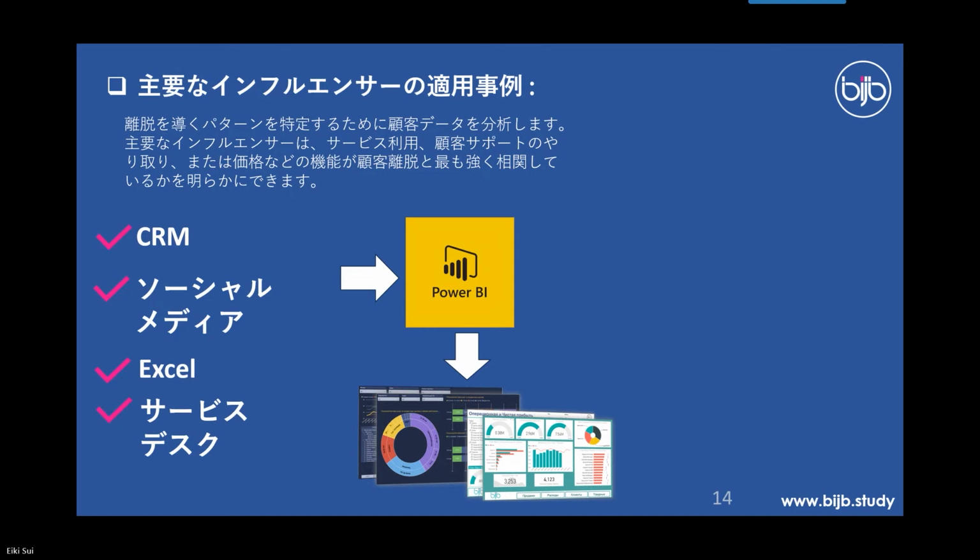The example on the screen shows the CRM, social media, Excel, which represents all sorts of files, not only Excel, CSV, JSON, etc., wherever the file data contains business data, and the service desk. Once the data is gathered, applied, and pulled into Power BI, then we can talk about applying AI power to analyze the data and provide useful and powerful analytics.